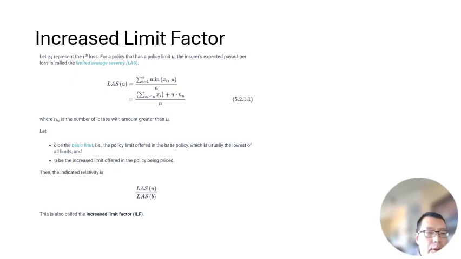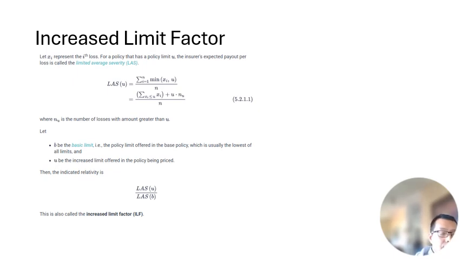And for the payment of each loss, you compare it to μ. If it's less than μ, then the payment will just be the loss Xi. If the loss is greater than μ, then the payment will just be μ. So the second formula is trying to say if X is less than μ, you add Xi, but if it's greater than μ, you use μ as the payment.